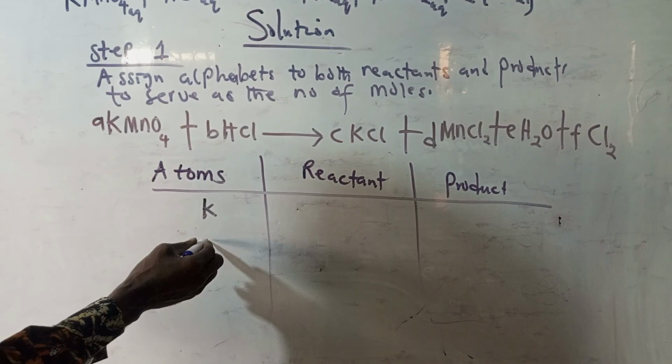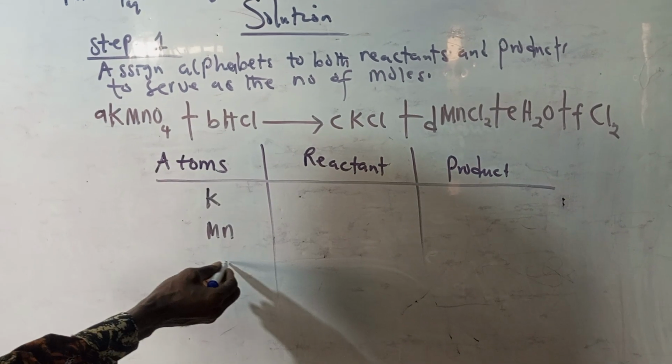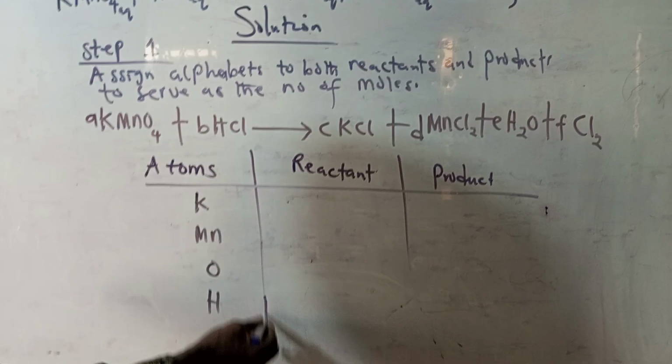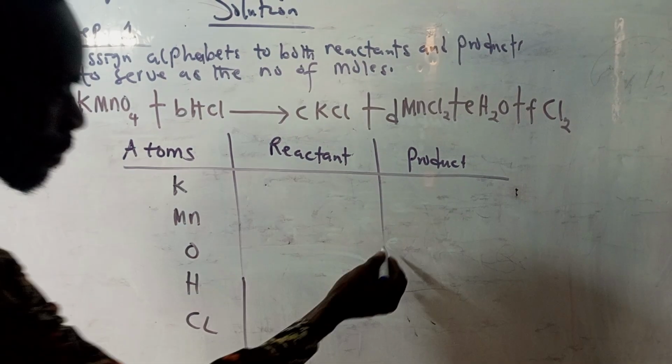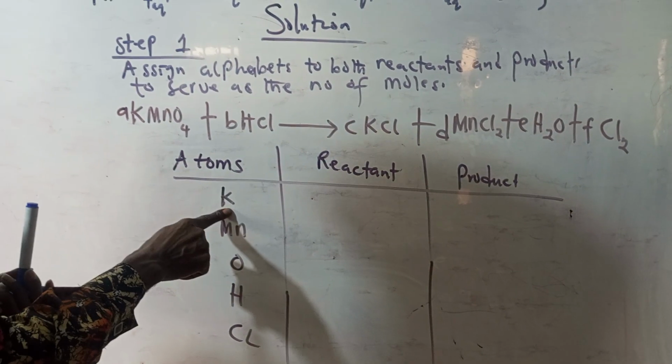The next atom is manganese. We have oxygen. We have hydrogen here. And we have the final one, chlorine.